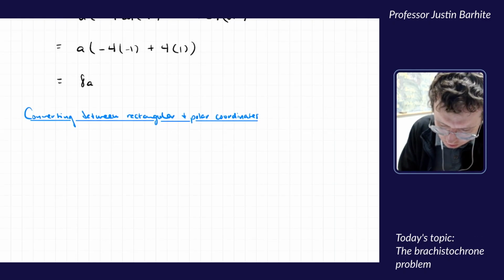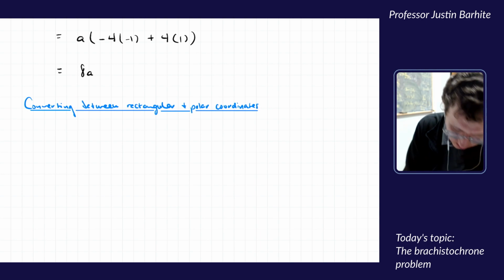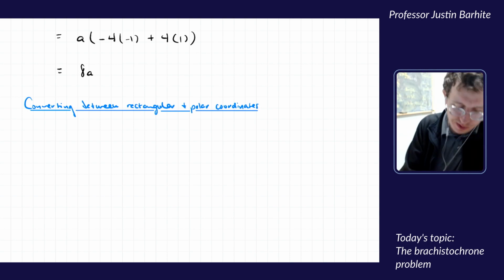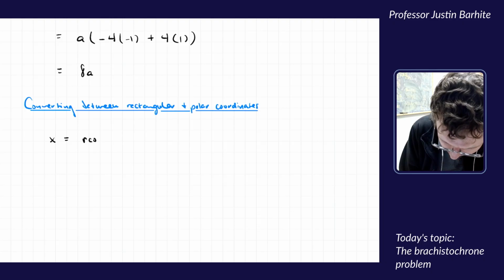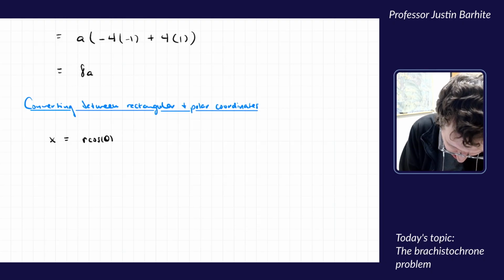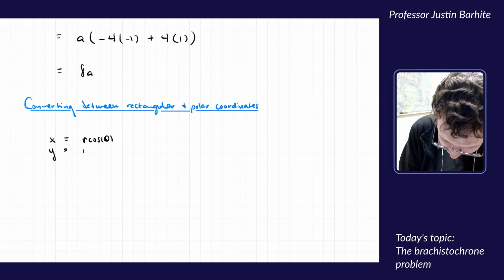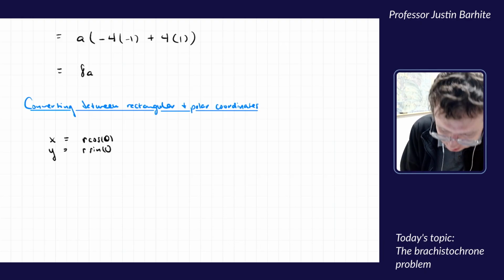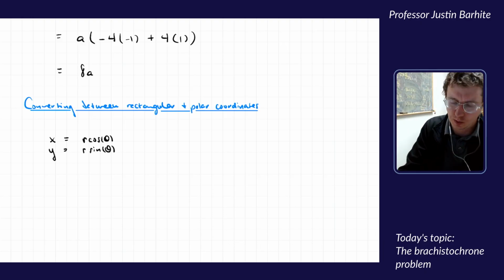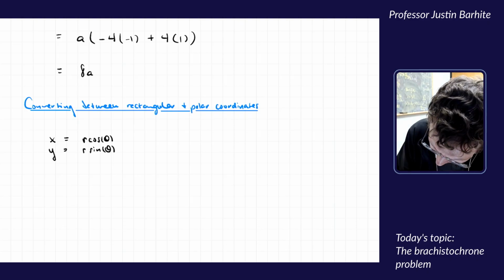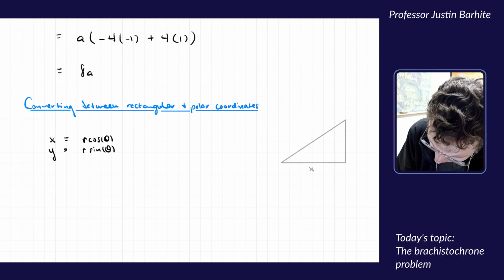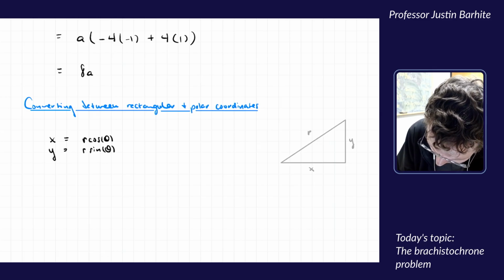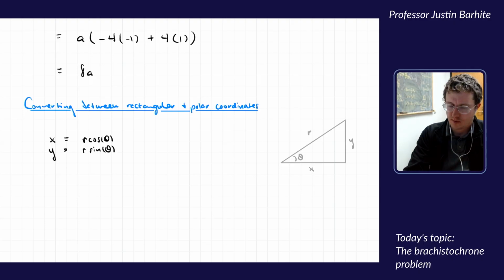Okay, so let me just remind you of the relationship between these two coordinate systems. x is equal to r cosine theta, and y is equal to r sine theta. And really everything comes from this picture. Right?